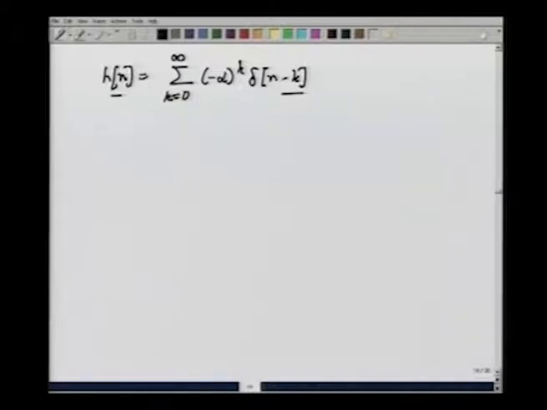In short, you have an impulse response which is what is conventionally called causal. You will have a sequence like this. Minus 1 to the k alpha to the k delta[n-k] would give you an impulse response that is maybe like this. This would be h[n].